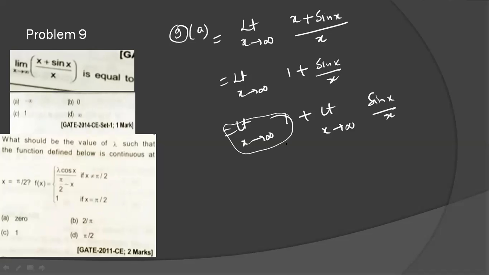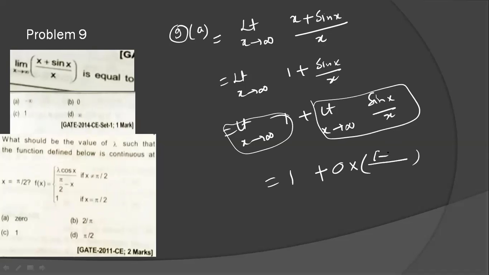The limit of a constant is always constant, and I have discussed this problem in the lecture on limits. This limit tends to 0. In lecture 15, I told you this limit is 0 because as x tends to infinity, it is 0 times some finite value between minus 1 and plus 1. If you multiply with 0, you will get 0. So the limit will be 1. You can see more discussion on this limit in lecture 15.